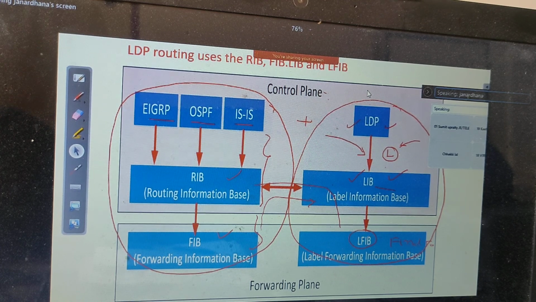Ultimately, it decides to which interface the labels have to be sent, whether it is interface number 2, interface 3, or interface 1, whatever the interface. That decision will be taken by this MPLS router based on the LDP protocol as well as your IGP protocols.